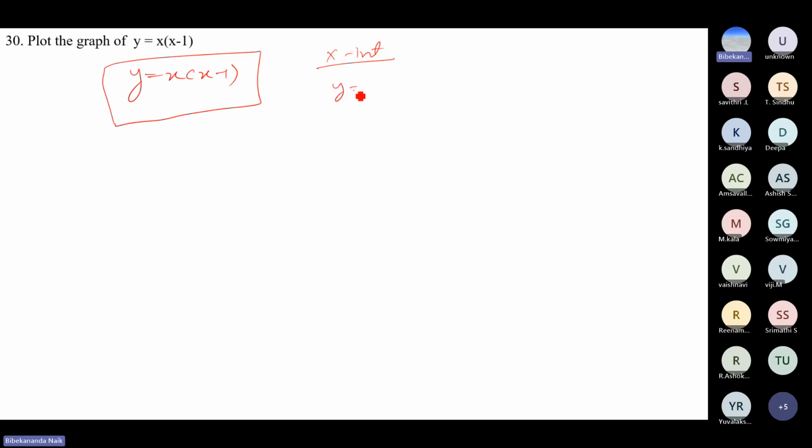So when we put 0 equal to x into x minus 1, then x equals 0 and x equals 1. So these two are the x-intercepts. The graph of x into x minus 1 passes through x equal to 0 and x equal to 1 on the x-axis.